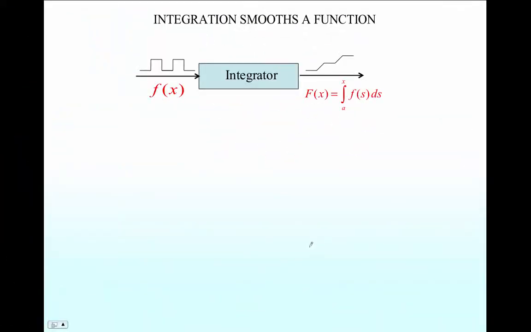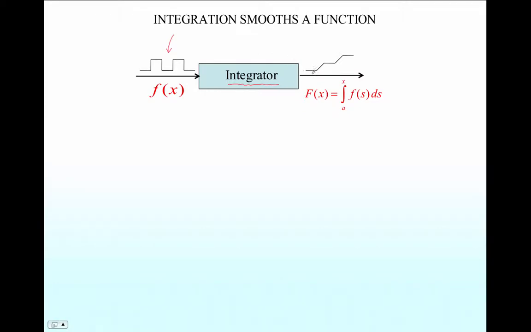Now, more generally, integration smooths a function. So, if f of x is put into an integrating machine, or an integrator, and f of x looks like this, it goes up, comes down, it's clearly broken.